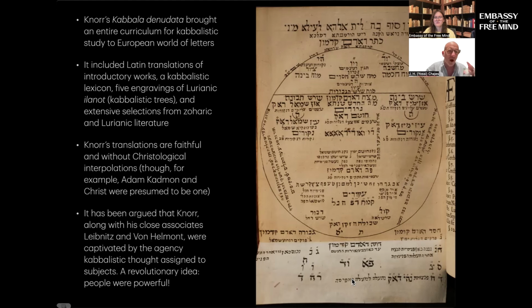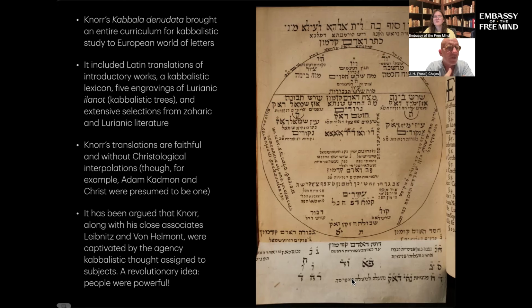I think on a broader point, perhaps, that may be nice to think about is that Knorr and his close associates, Leibniz and von Helmont, at least it's been argued that what they were particularly fascinated by in the Kabbalah was their sense that Kabbalah gave so much power to people.